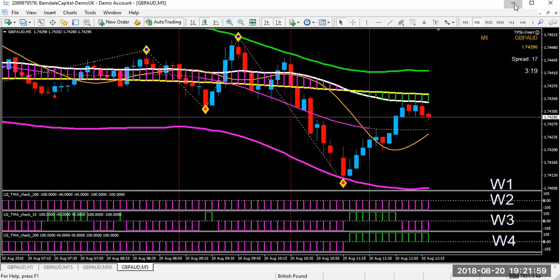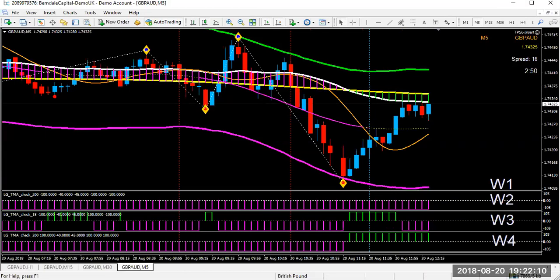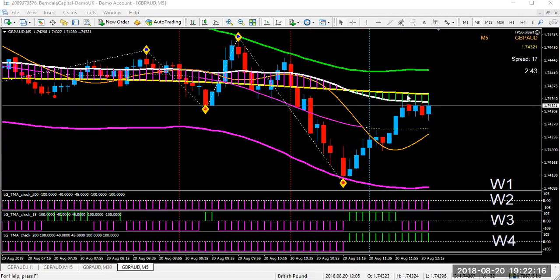White line is below yellow, so you get green shading. We have that. Yellow above white, you have green shadings in window 1 between those two.